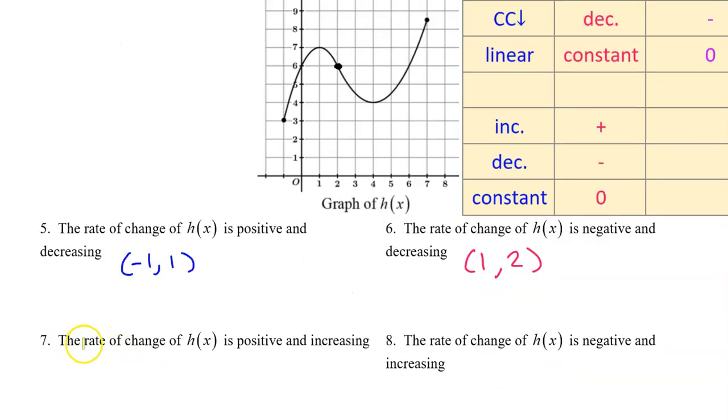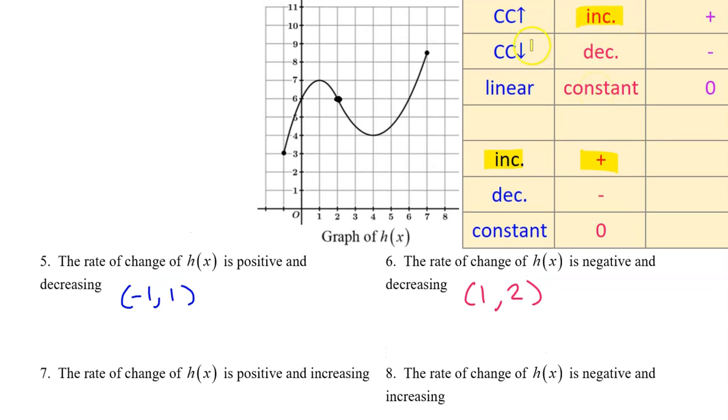Number 7, on what interval is the rate of change of h of x positive and increasing? Well, the rate of change will be positive when h of x is increasing. And the rate of change will be increasing wherever h of x is concave up.